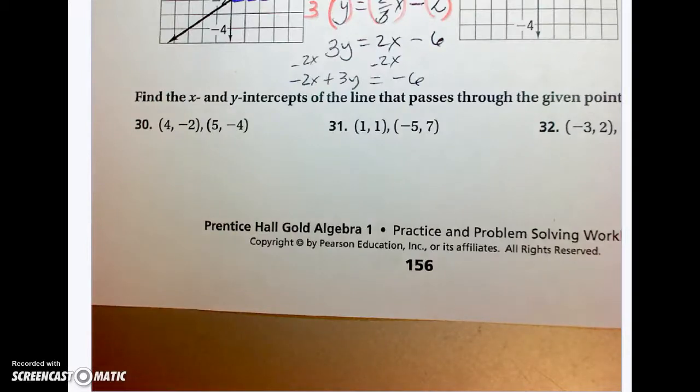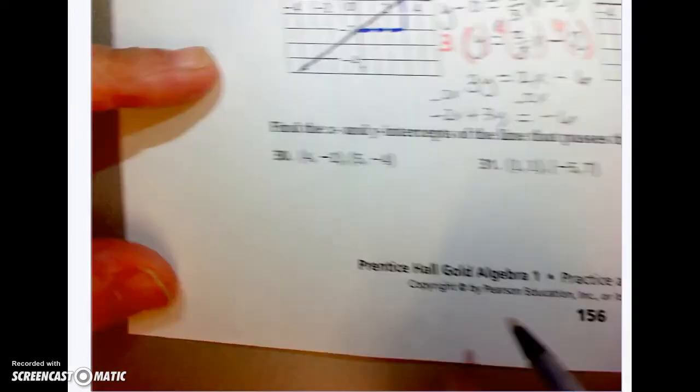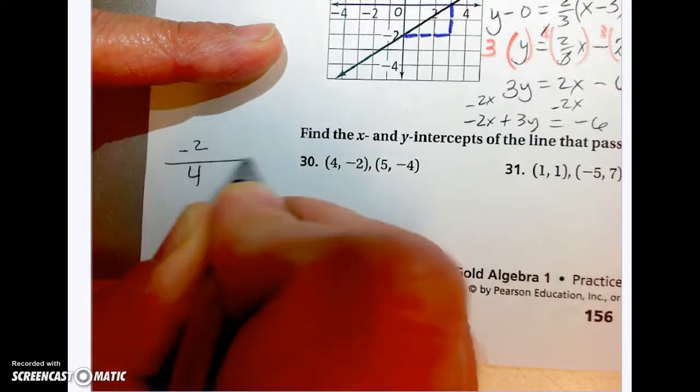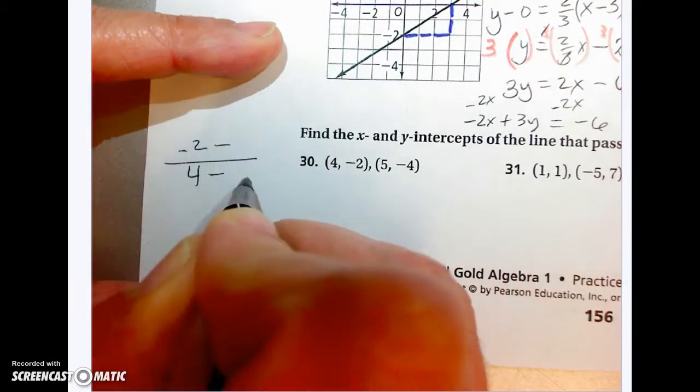Okay, number 30. Find the x and y intercept of the line that passes through the given points. So I need to find my slope. So I'm going to use my formula.